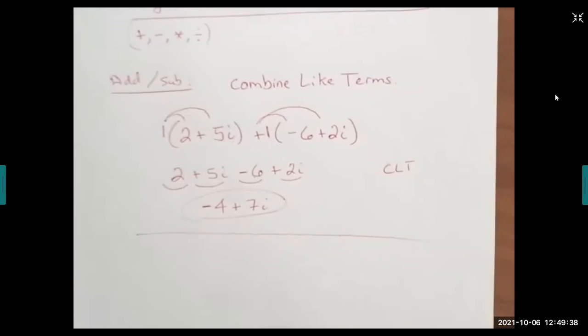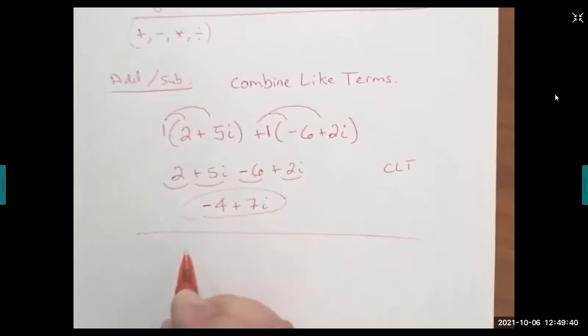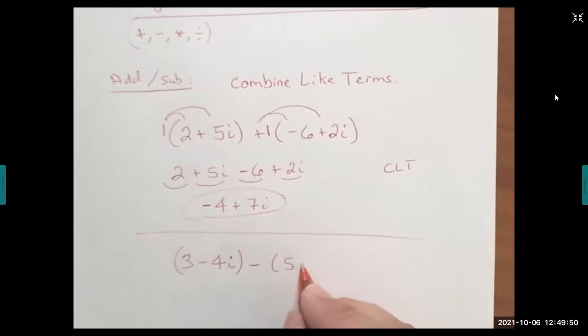So it's pretty straightforward. Let's try a subtraction one. (3 minus 4i) minus (5 plus 6i).